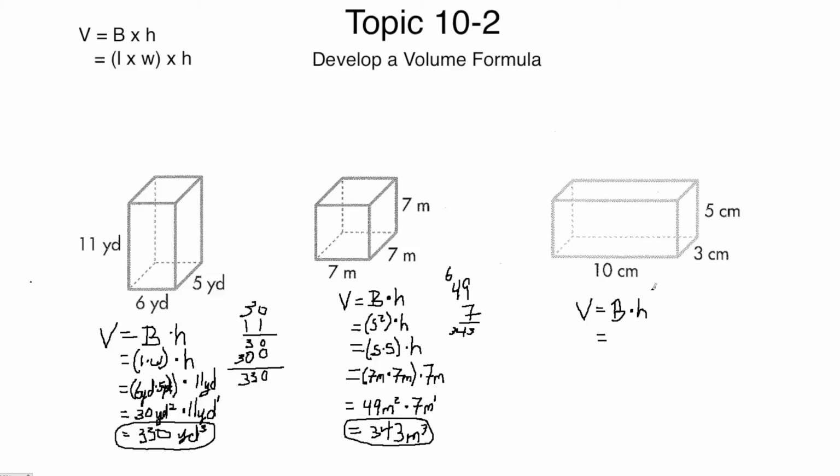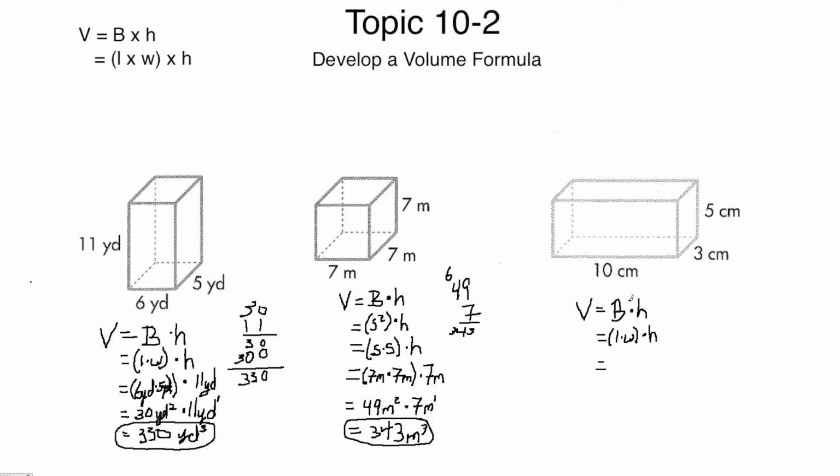The shape of my base, no matter which one I use, is a rectangle. So it's length times width. That's the formula for the area of the base, times the third dimension, which is the height.